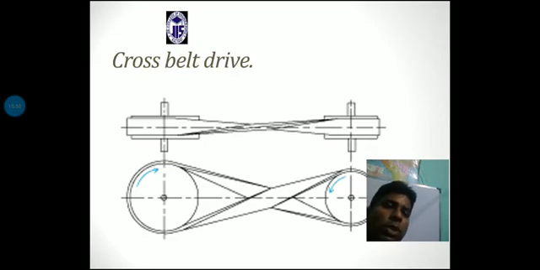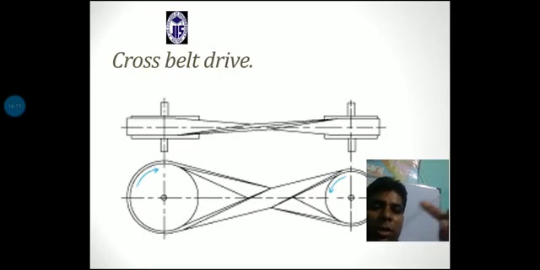X view means the lower portion of the driver is passing through the upper portion of the driven pulley, and the driven pulley's lower portion is passing through the upper pulley. That is actually a cross type, and for that reason it is a standard type of belt drive.